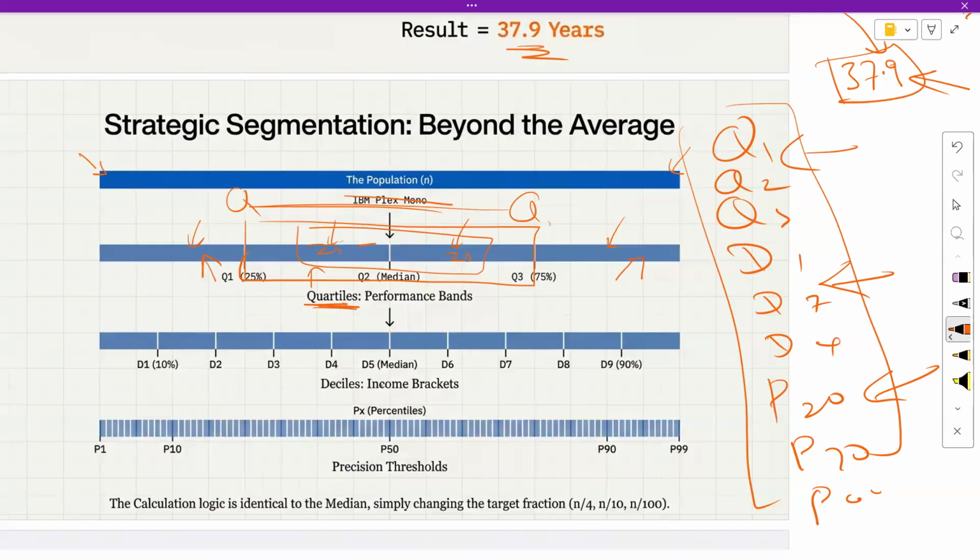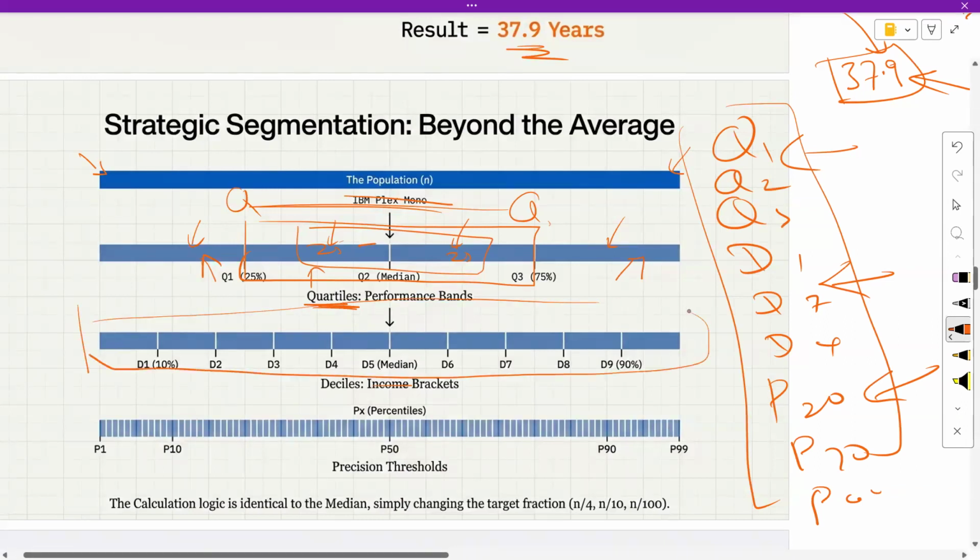For deciles, we divide the whole data set into 10 equal parts, and each cut point is called D1, D2, like that. And if you want more precision, we can use percentiles, which divide the data set into 100 equal parts.